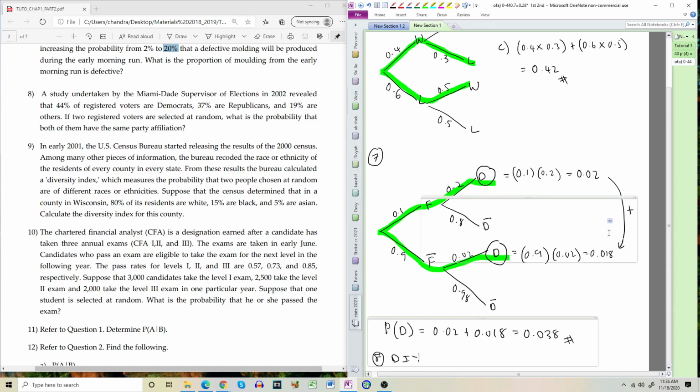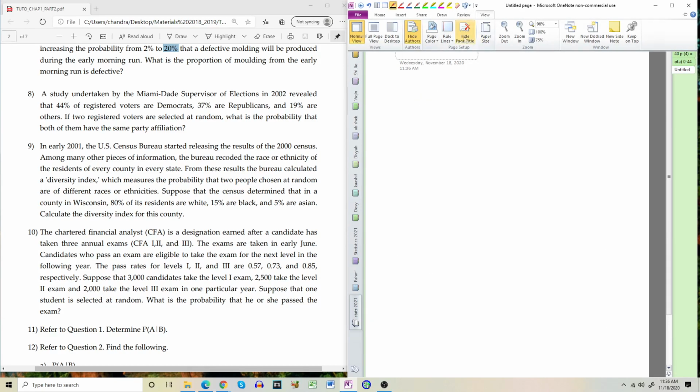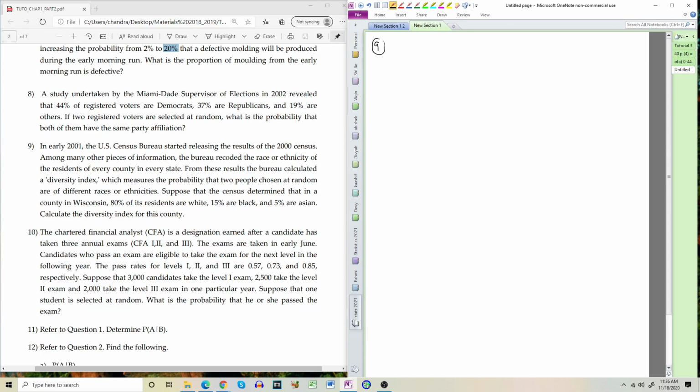Number 9, I can show you something here. So basically if you read the question, they're going to calculate the diversity index.